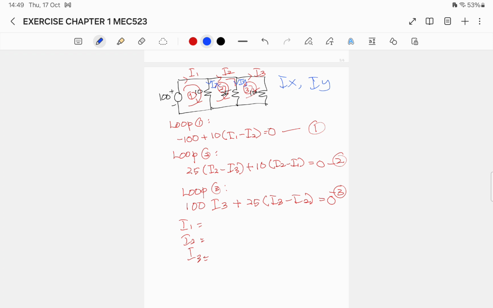Tak apa, value dia memang bukan 10. IX and IY tu memang bukan 10 jumlah dia. Siapa dapat? Tak guna calculator je.